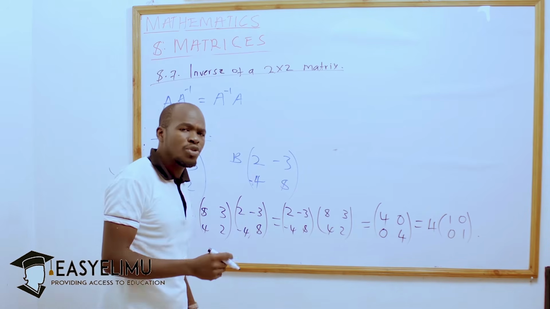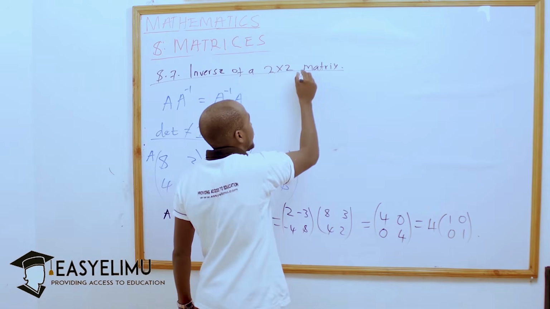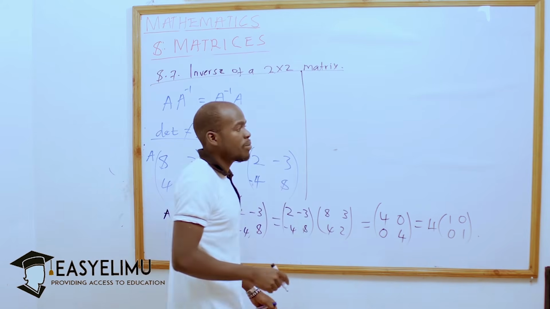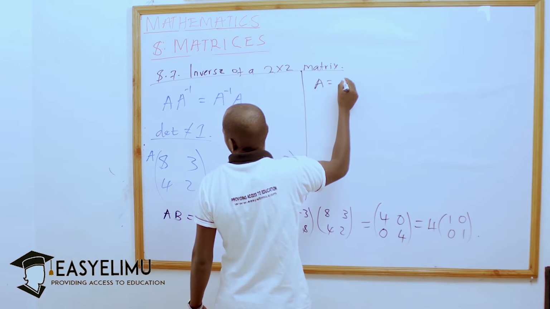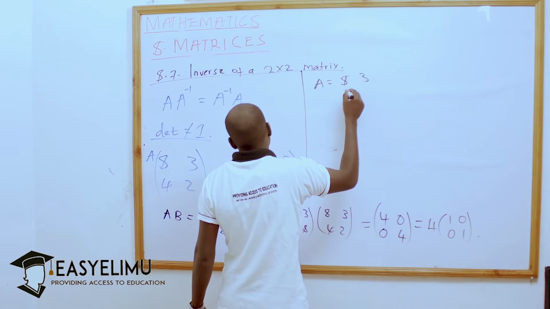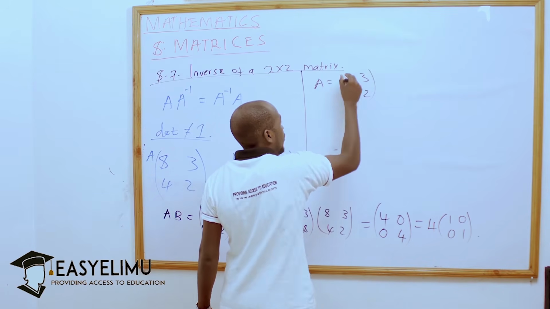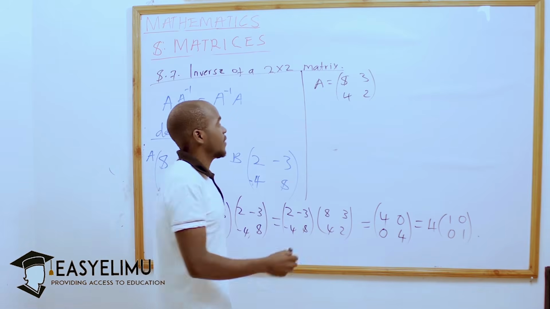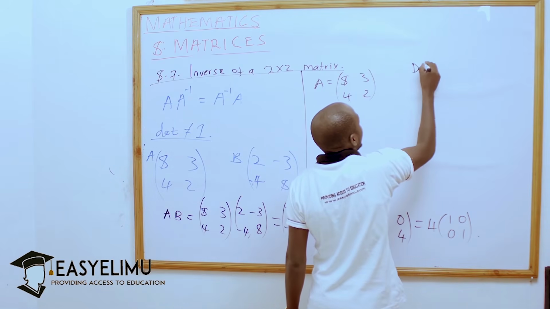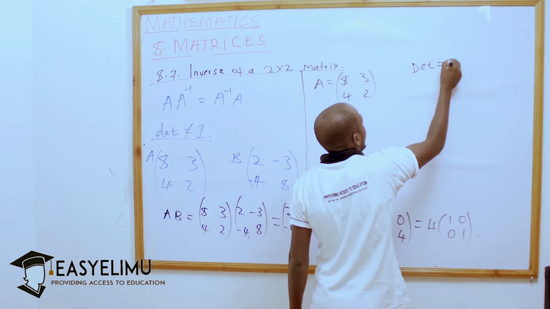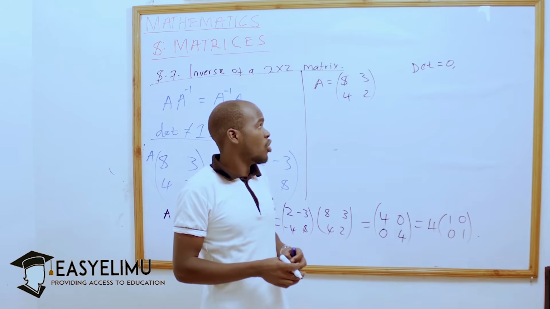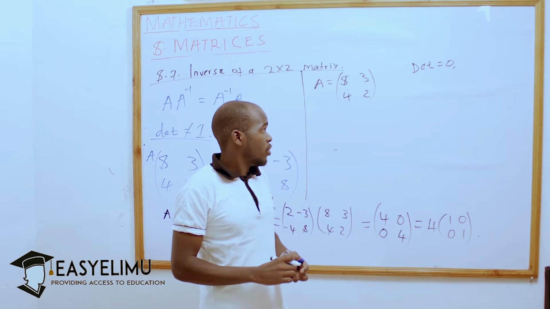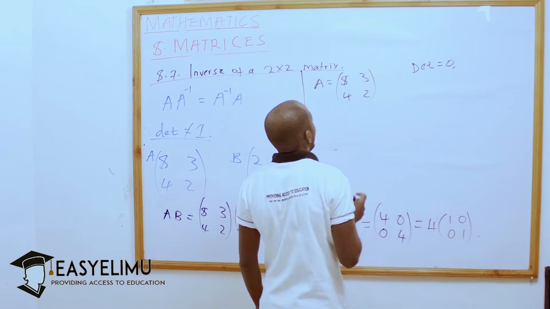So in case you find your determinant is 0, sometimes you may work out, for example, our first matrix was A and we had 8, 3, 4, 2. And if you work out and find the determinant is equal to 0, then that matrix has no inverse at all. So you read it that way. It has no inverse.